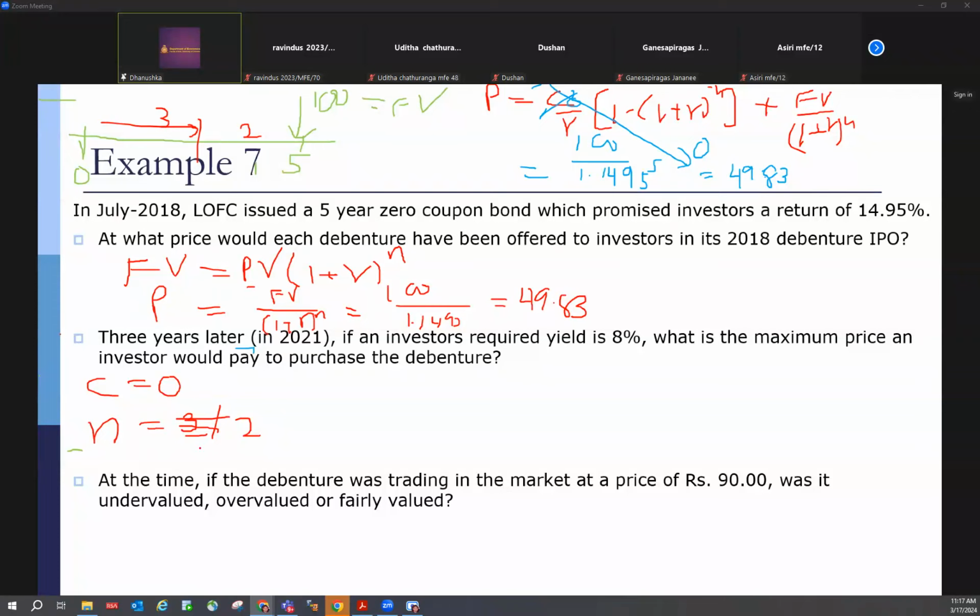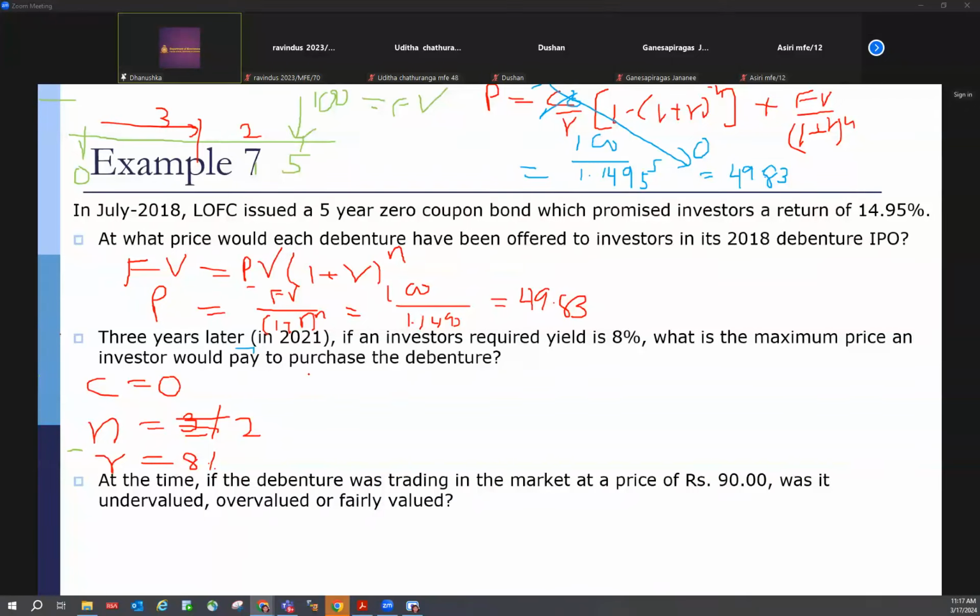And then R. What is R? R is 8%, not 14.95, 8. Interest rates have come down in 2021 from 14.95 in 2018 to 8% in 2021.